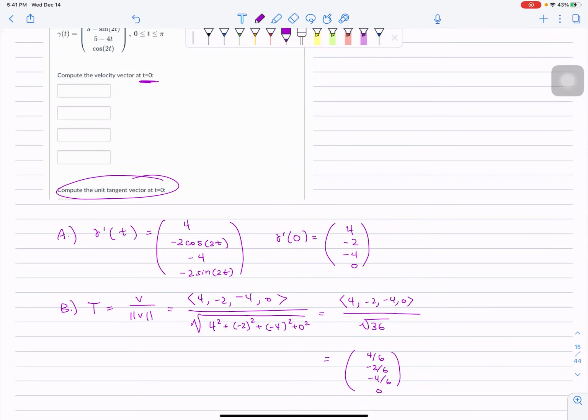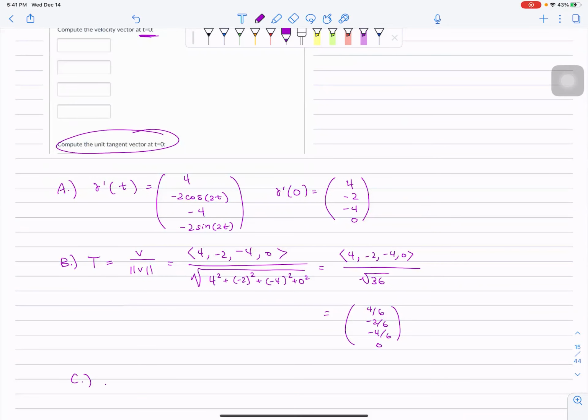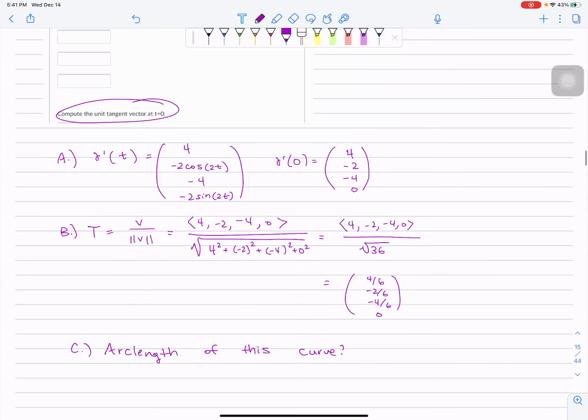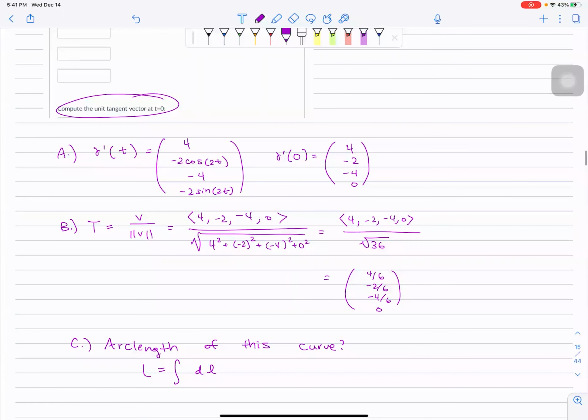As an extra question, what if I wanted to compute the arc length of this curve? Well, to compute the arc length, we need the arc length element. What is the arc length element? That was the length of v dt. I already found the length of v.